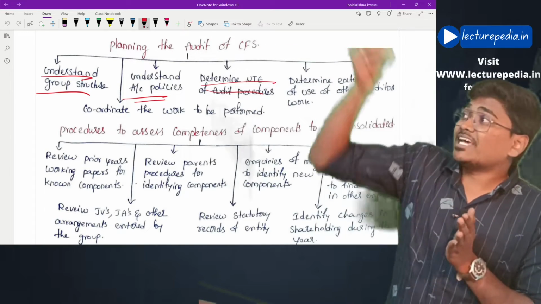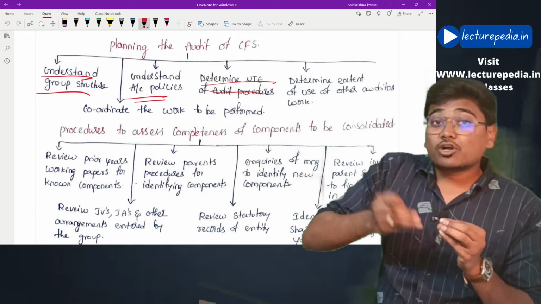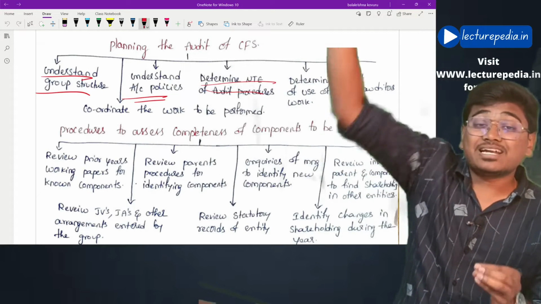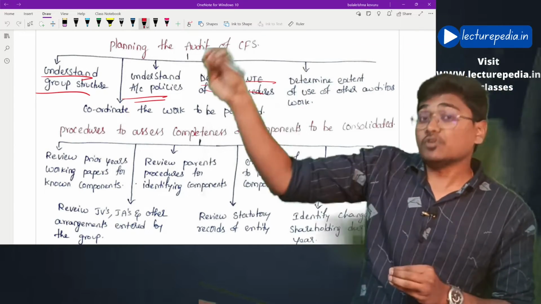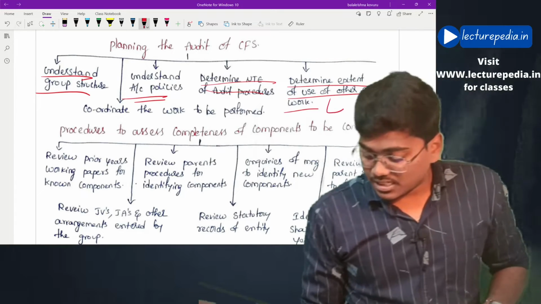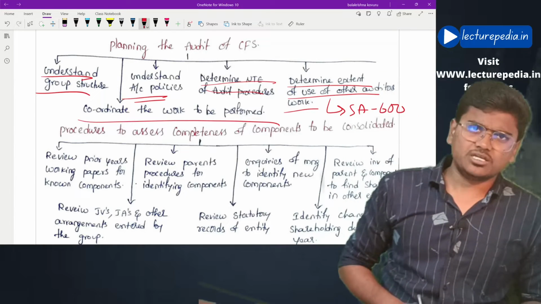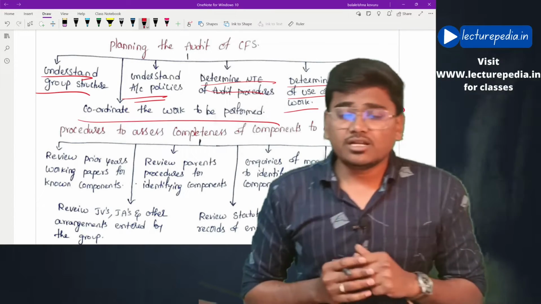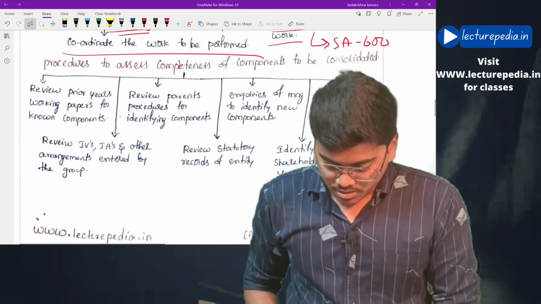He will rely on the audit report that has been issued by the component auditor. Here he will use the work of another auditor, that means SA 600. He should also consider the implications of SA 600 if he is using the work of another auditor. See, determine the extent of use of other auditors' work, SA 600. Next, coordinate the work to be performed. This is how the auditor will plan the audit of consolidated financial statements.